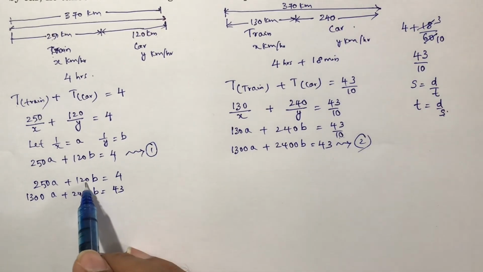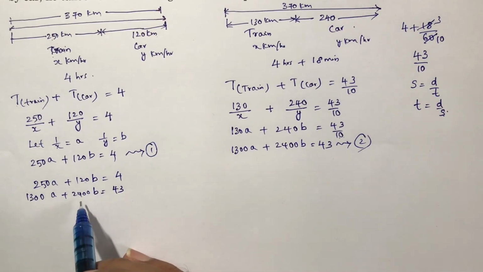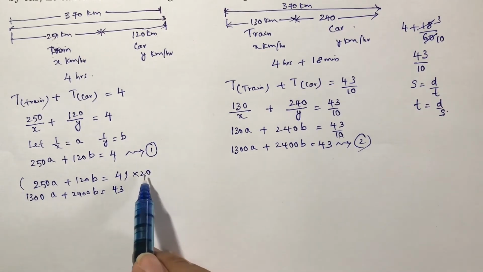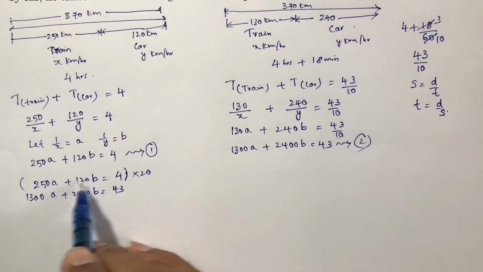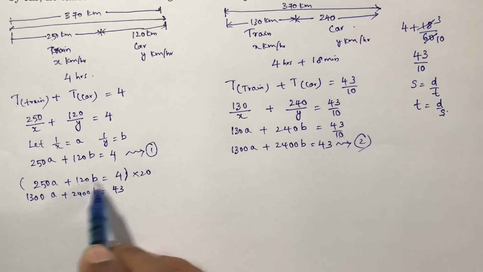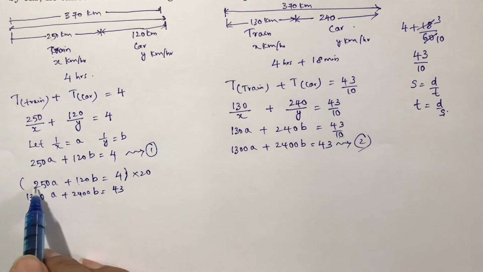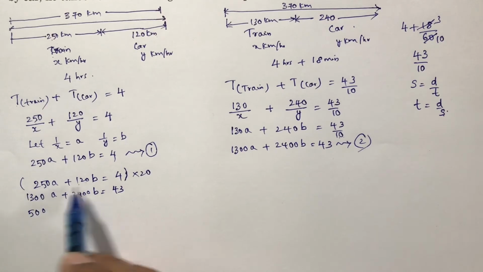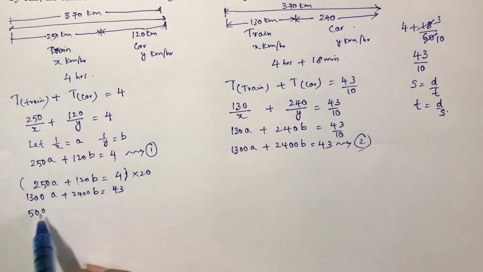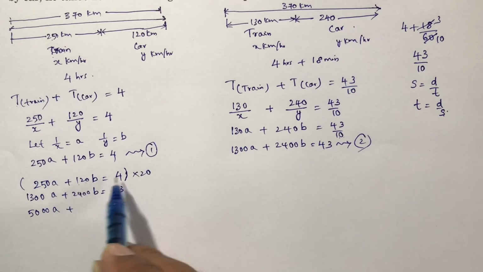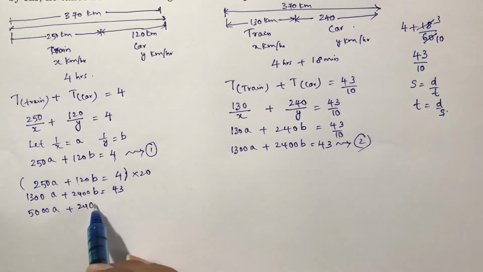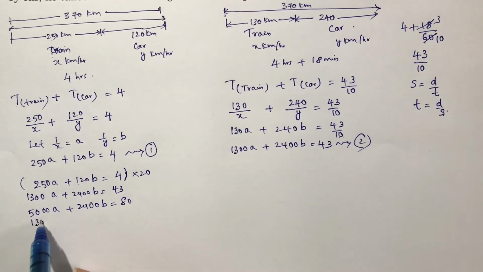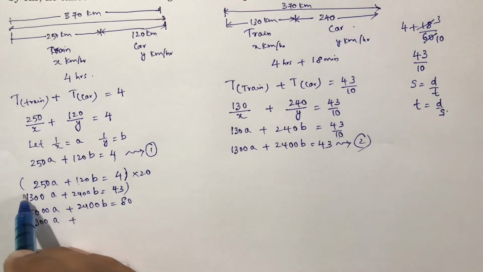So the first equation I'll multiply by 20. 120 into 20 gives 2400, and 250 into 20 is 5000. So 5000a plus 2400b equals 80. The second equation stays as it is.